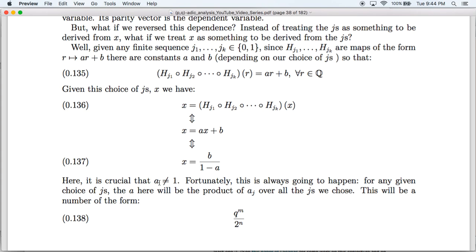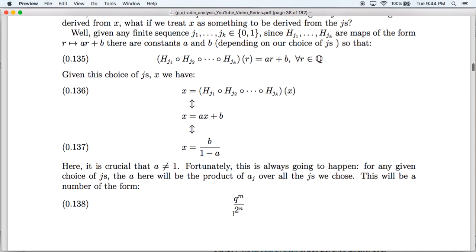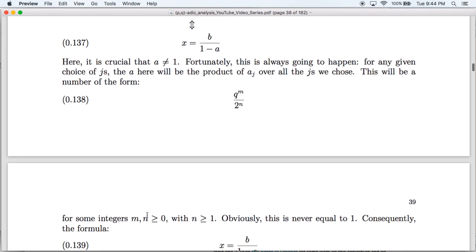For any given choice of j's, the a here is going to be the product of the a's, so it's going to be a_j1 times a_j2, and so on. This is going to be a number of the form q to the m over 2 to the n, where m and n are non-negative integers, where n is greater than or equal to 1.